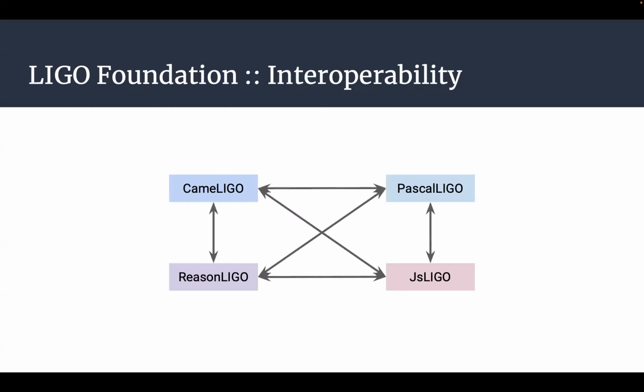I also mentioned that we have some kind of interoperability, because in JsLIGO you can import CameLIGO code and call functions and so on. You can also reuse the namespace. In CameLIGO we call it modules, not namespace. So we have different words, but for the same mechanism. In JsLIGO we have namespaces and so on, but behind the scenes this is a module.